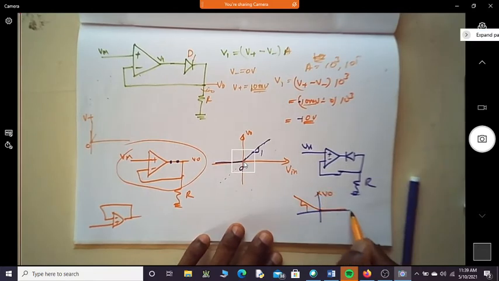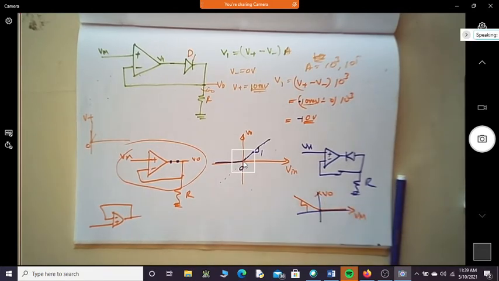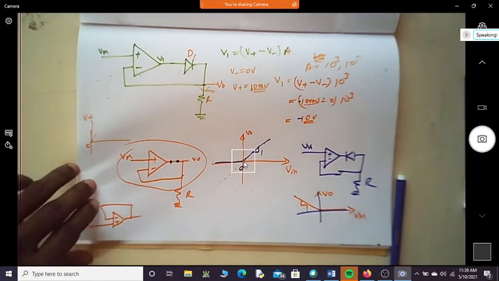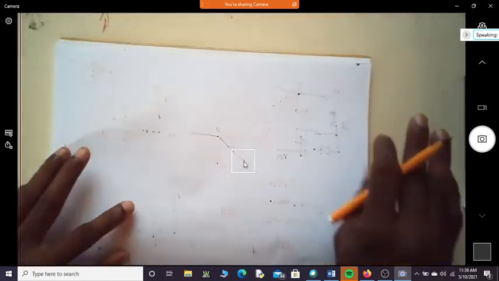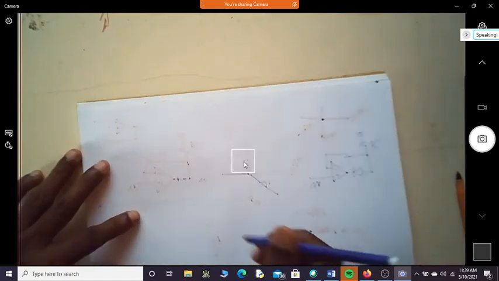This is V naught. Correct? So we should just go to one more half wave rectifier.